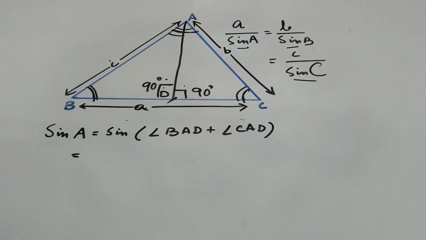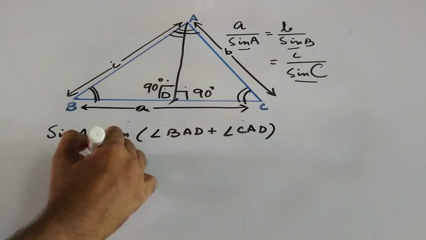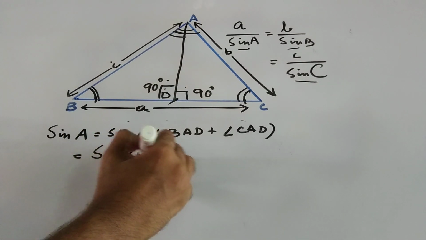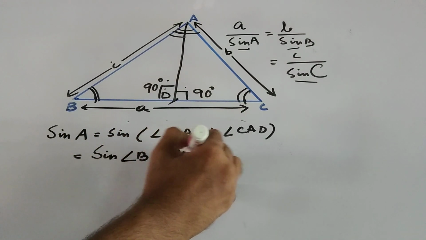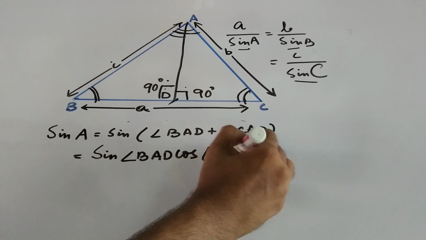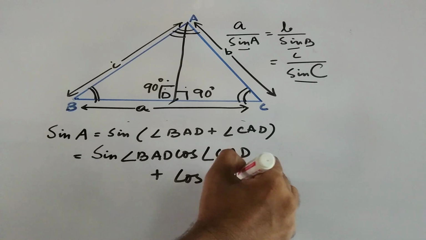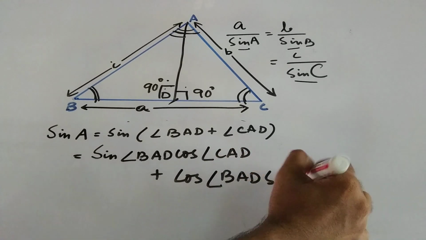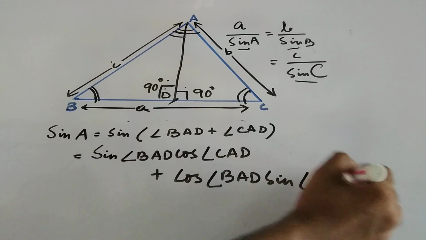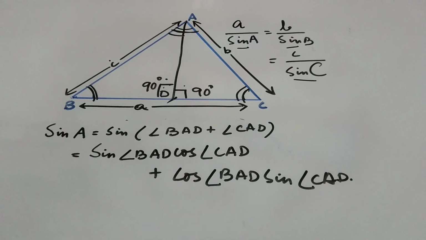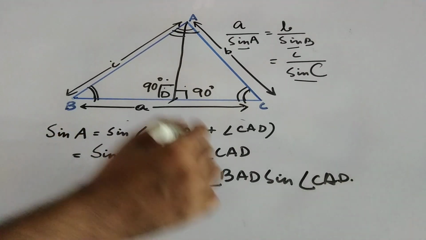Then we know the formula of sine (A plus B), that is sin BAD cos CAD plus cos BAD sin CAD. Right? Now we have to separately calculate these sine and cos expressions.